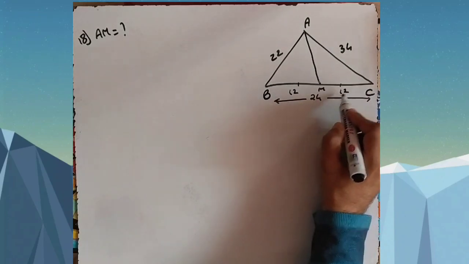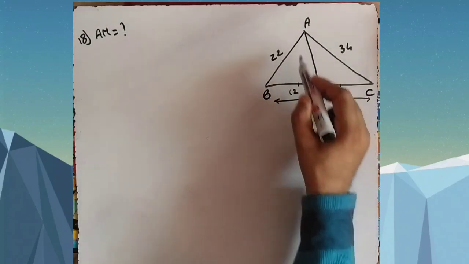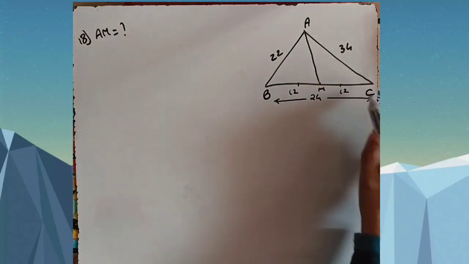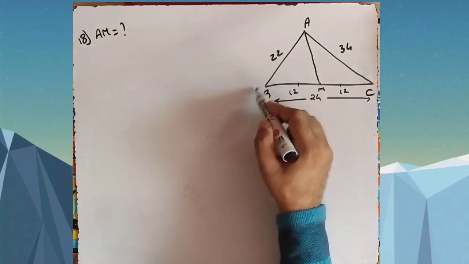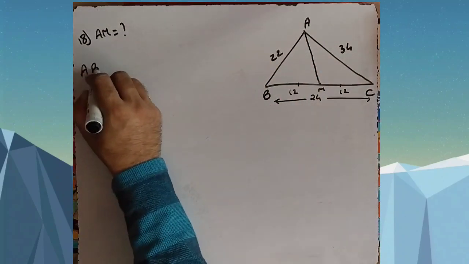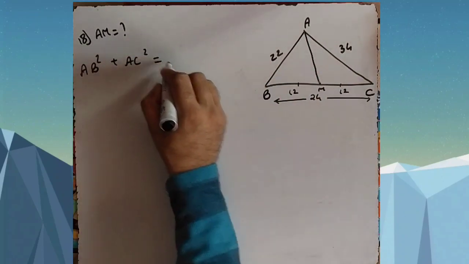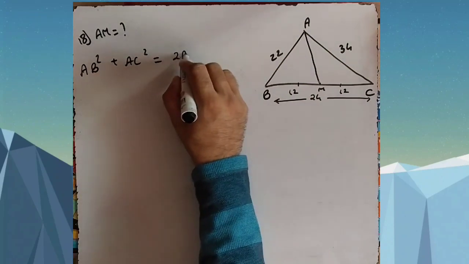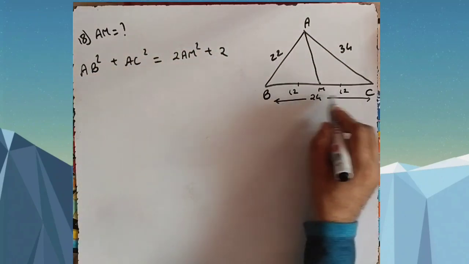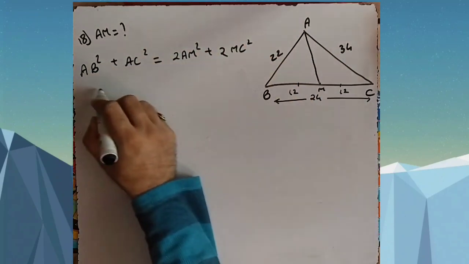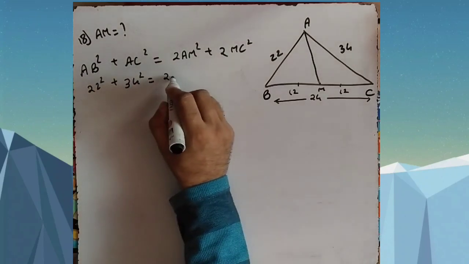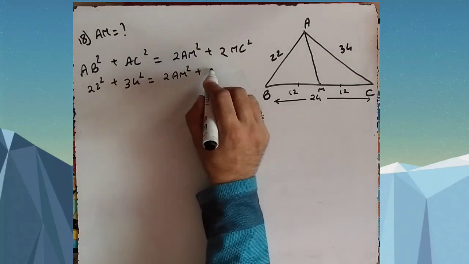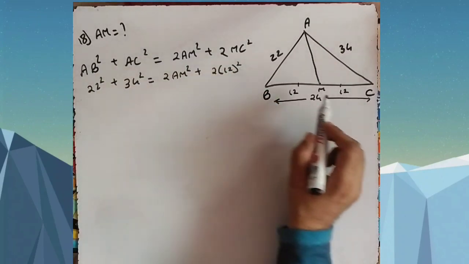MC will also become half of 24, 12. In triangle ABC, AM is the median, therefore by Apollonius theorem, AB square plus AC square is equal to 2AM square plus 2MC square.